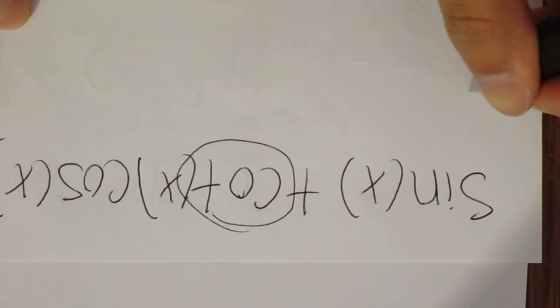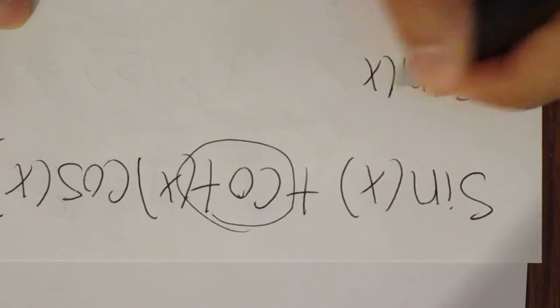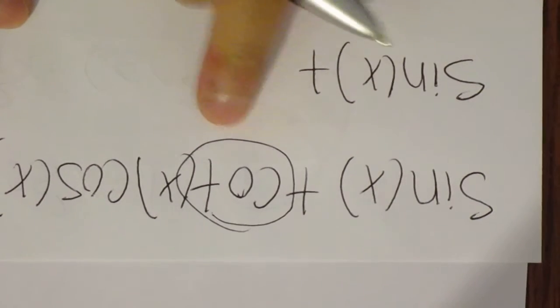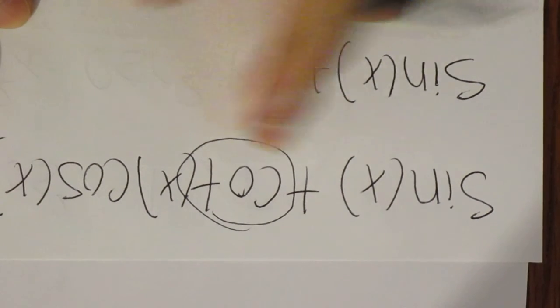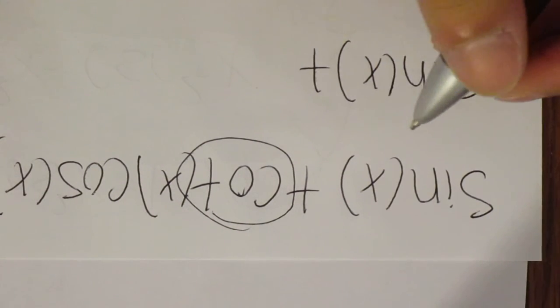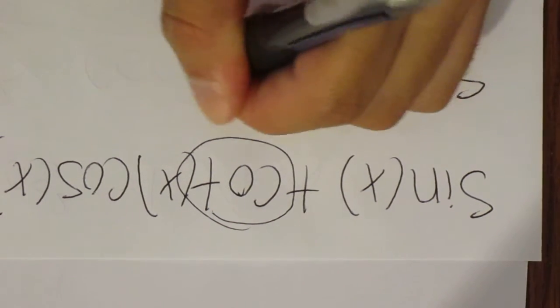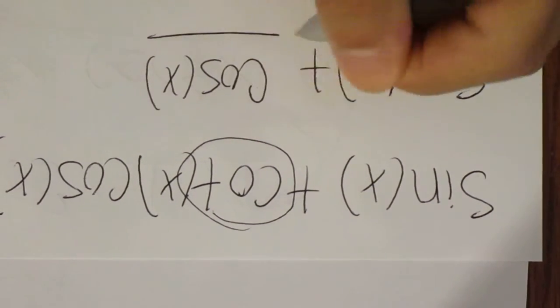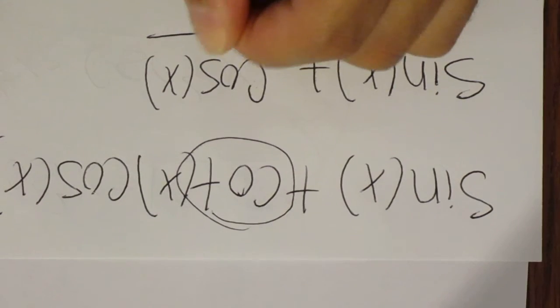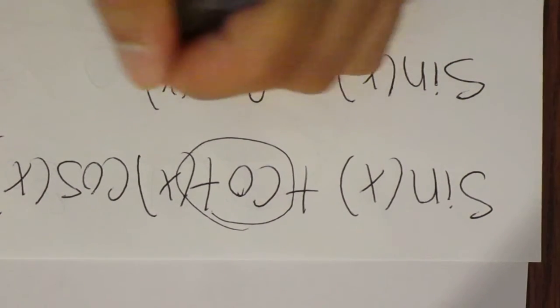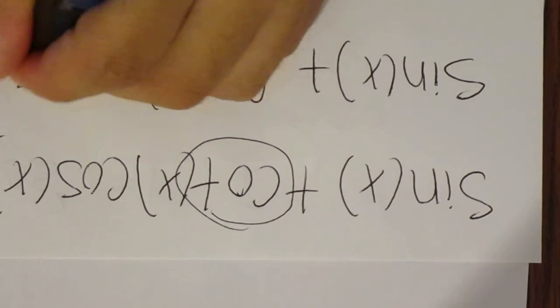Sine of x is already simplified. What about cotangent of x? Cotangent x is always the reciprocal of tangent, so it's cosine of x over sine of x. Then multiply that by cosine of x.